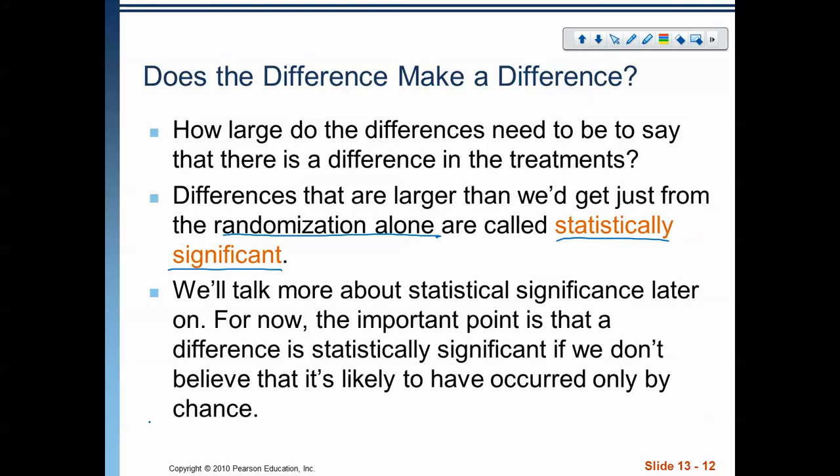Meaning that if we believe that the results that we have seen could not be caused by randomness, then we would call those things statistically significant. If the difference between the two treatments is so large that randomness could not be the thing causing it, then we'll call that statistically significant.